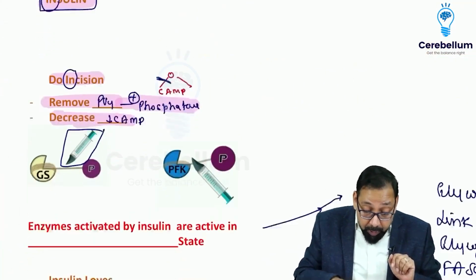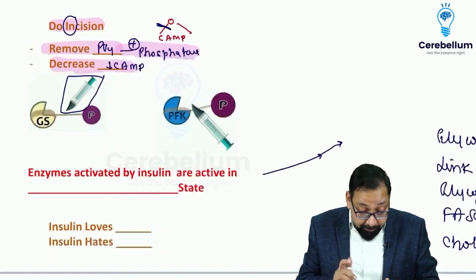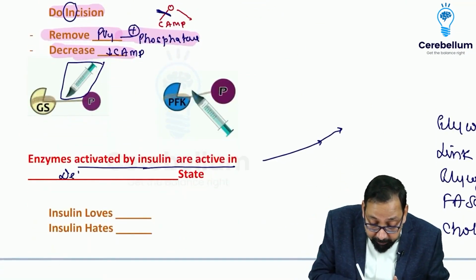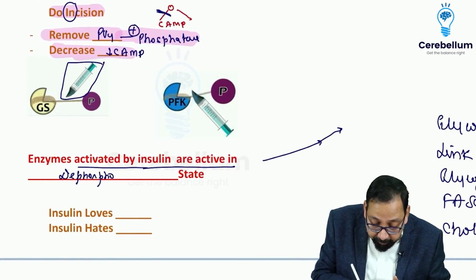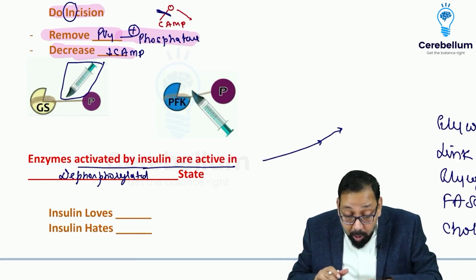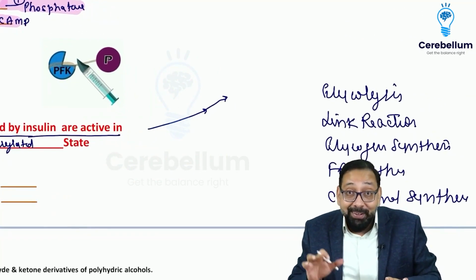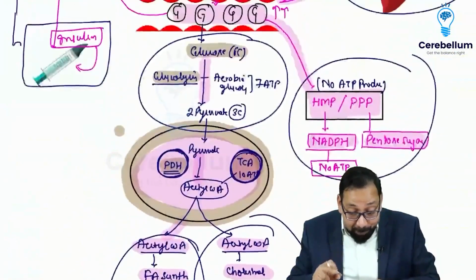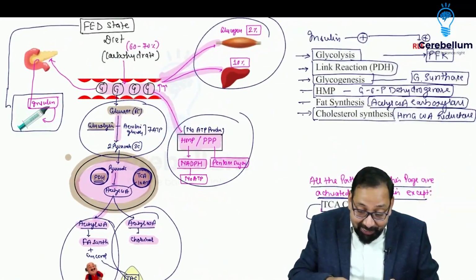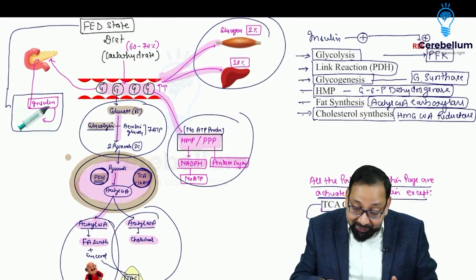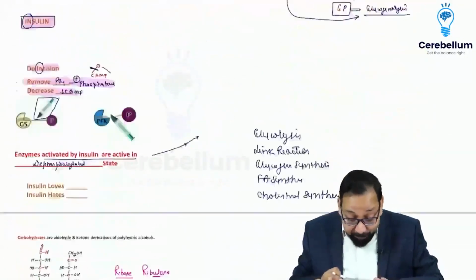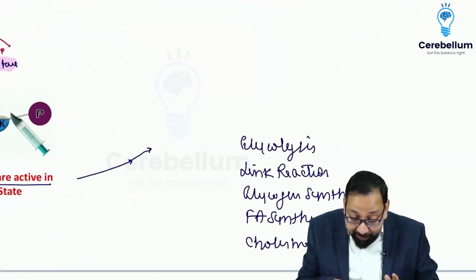Now insulin. Yes, any enzyme activated by insulin is active in the dephosphorylated state. So I told you that in the fed state, on the first page, all these pathways are activated by insulin. Now I summarize here. We found that insulin activates glycolysis.